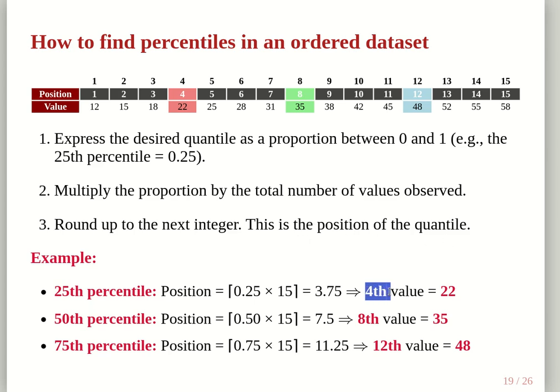It's in the 4th position. So I go here, 1, 2, 3, 4. The value that corresponds to my 25th percentile is 22. So I can say that 22 is the value below which 25% of my data falls. And then I can try that with different quantile values. I will leave this to you, but it's the same logic.